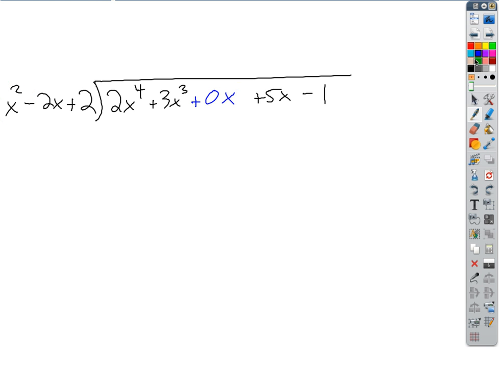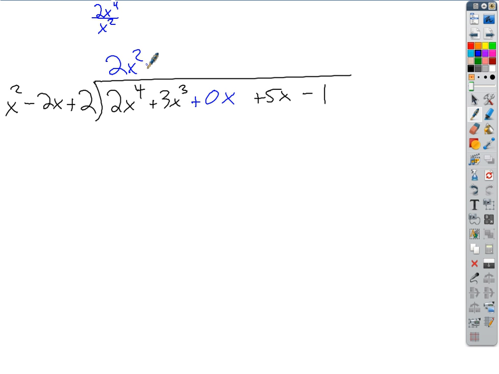We could say 2x to the fourth over x squared equals what? 2 divided by 1 is 2, and x to the fourth over x squared is x squared.